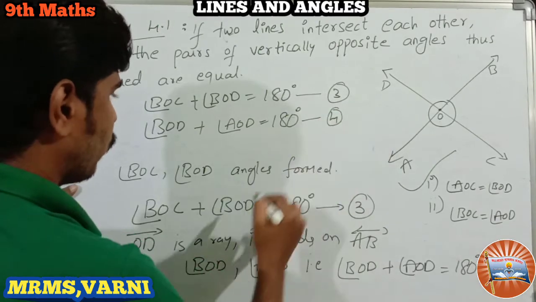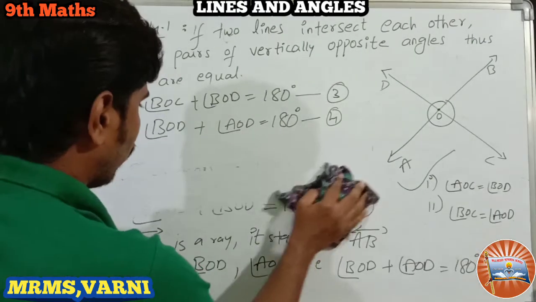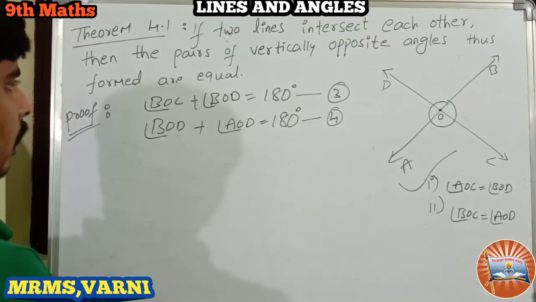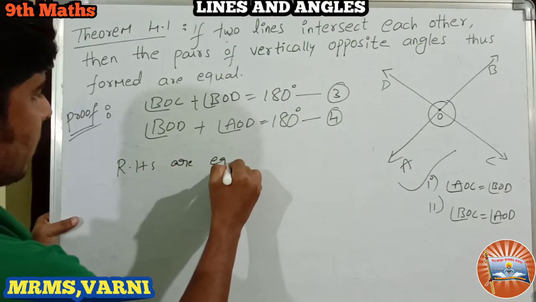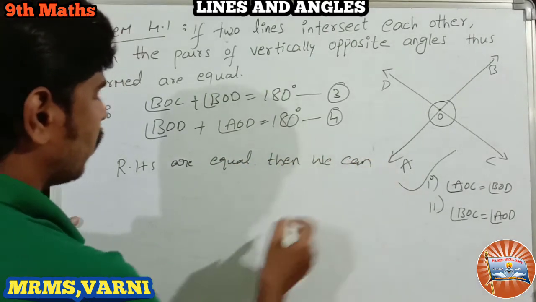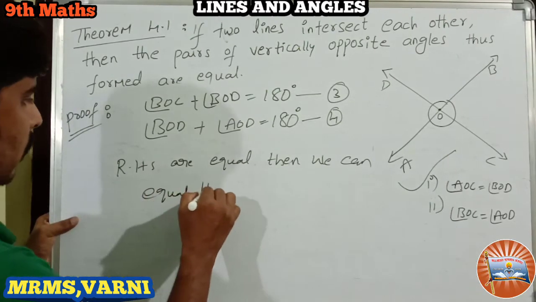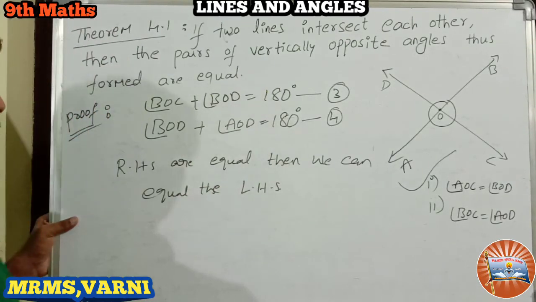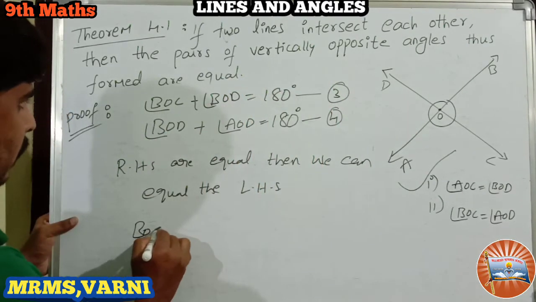If you observe, in equations 3 and 4, the RHS are equal, isn't it? Since the RHS are equal, we can equate the LHS. Is it clear? Both the RHS are equal, that is why I am writing both the LHS equal.